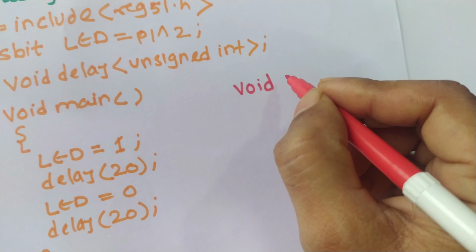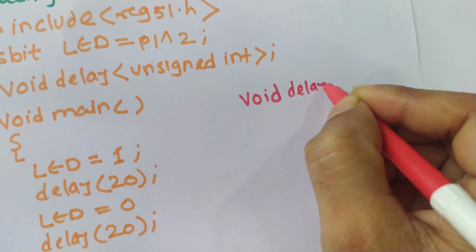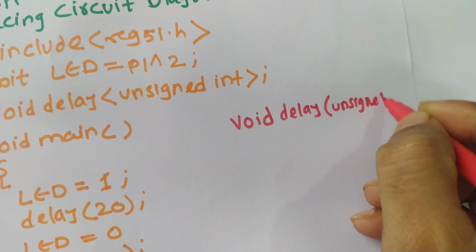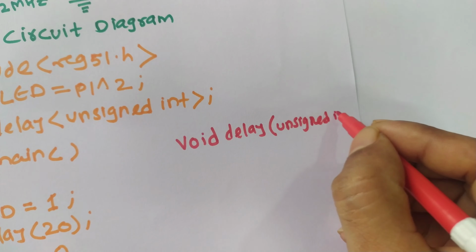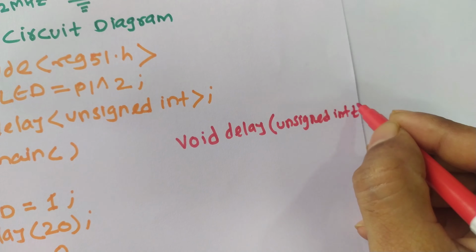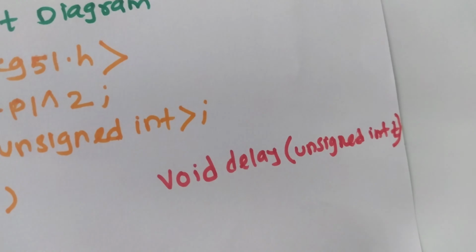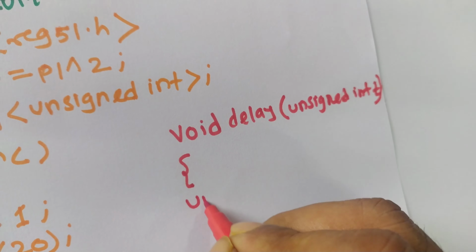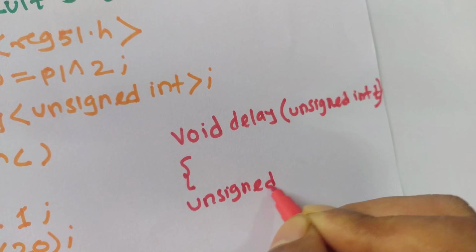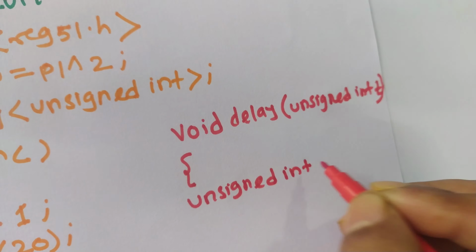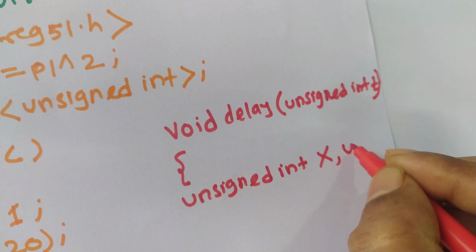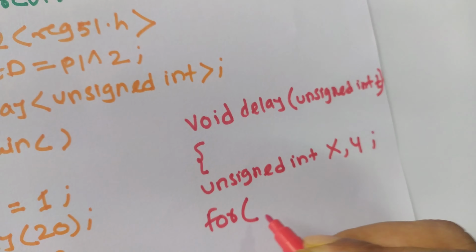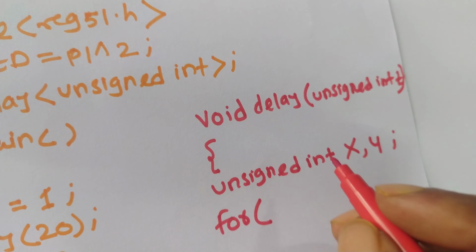Void while delay, unsigned integer t, curly bracket. Unsigned integer x and y. We have used a for loop for generating the delay.